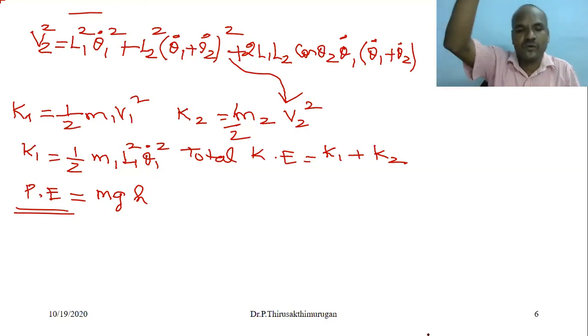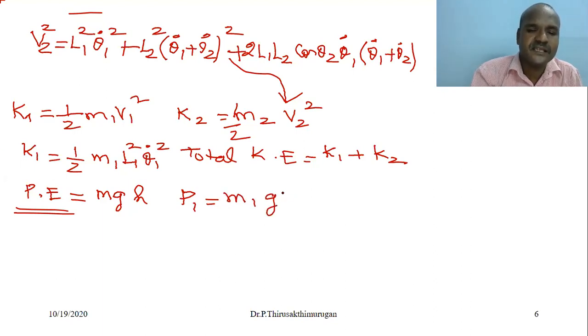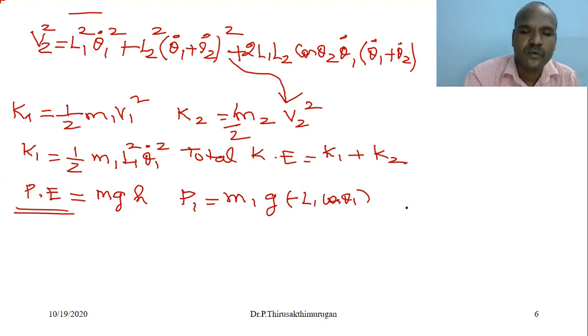It is the x naught y naught axis. So the potential energy P1 equal to M1 G, H is minus L1 cos theta 1.